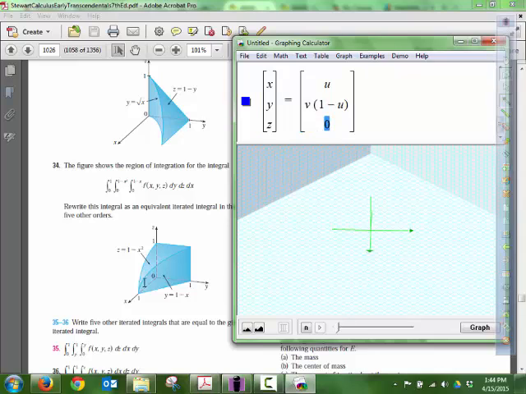So it's the same as the shadow on the triangle on the xy plane, except my z is going to be 1 minus x squared, but x is equal to u. See the top?